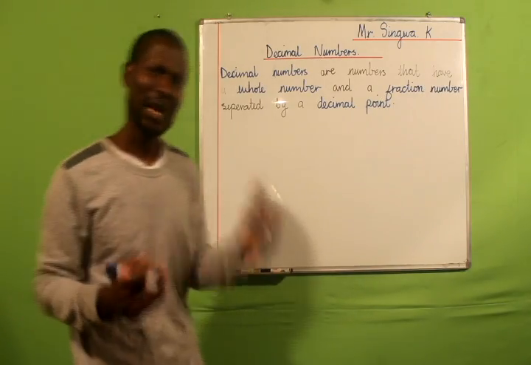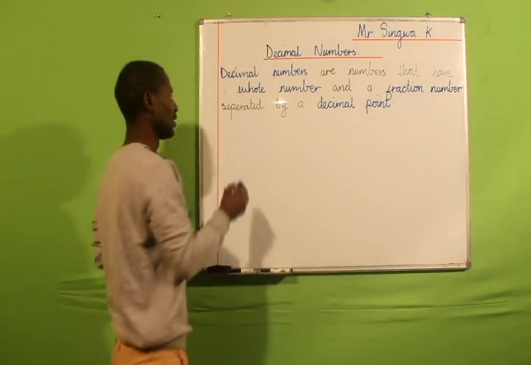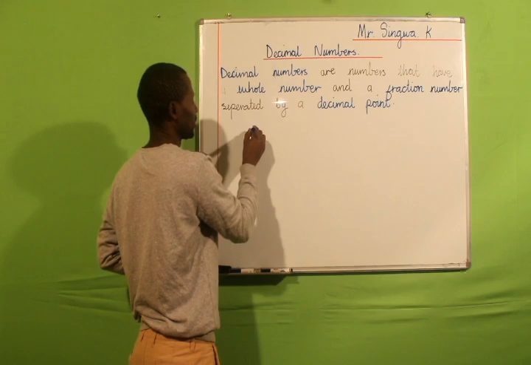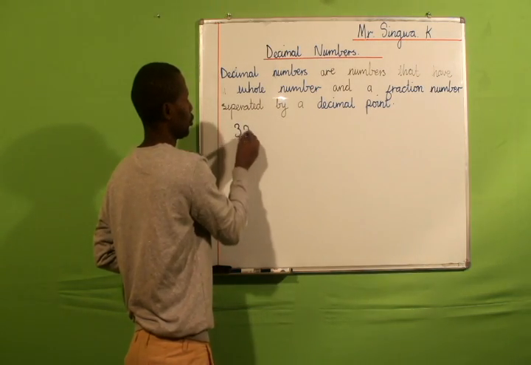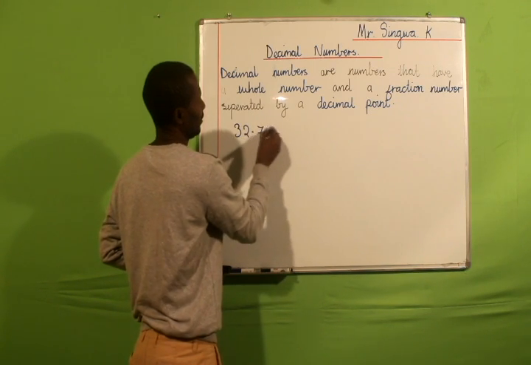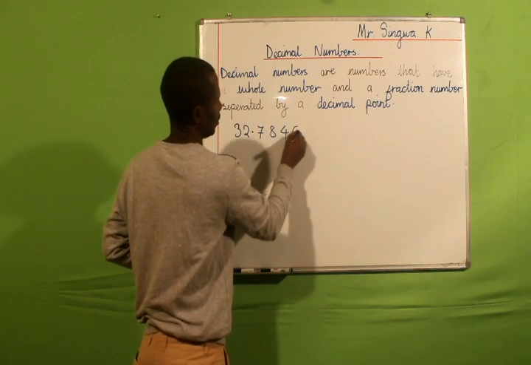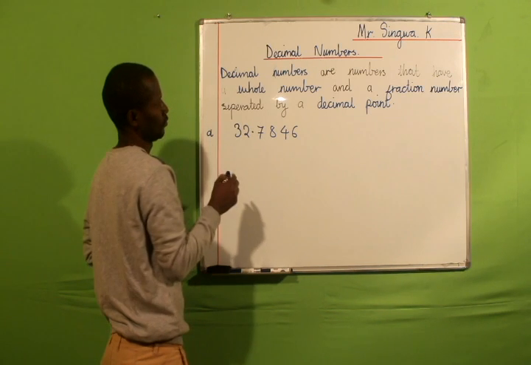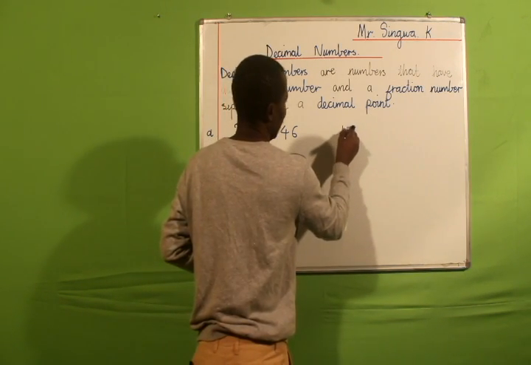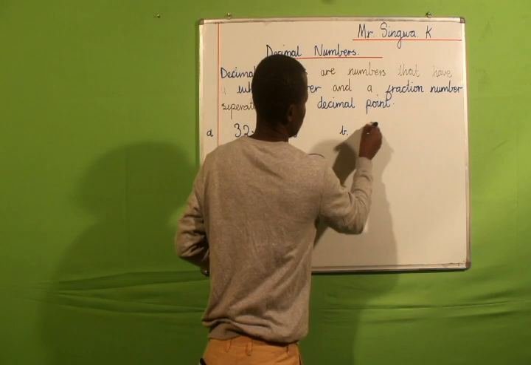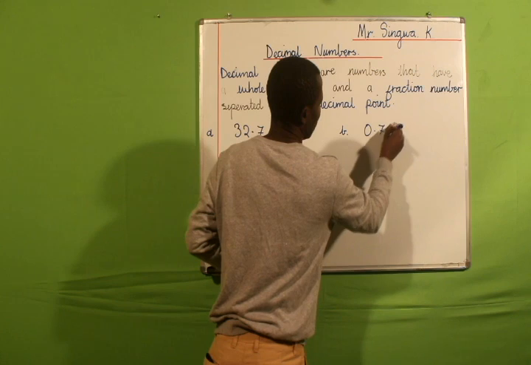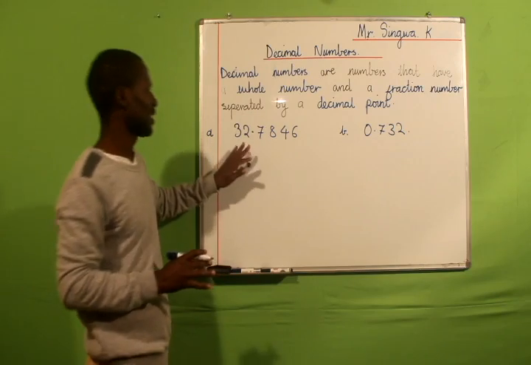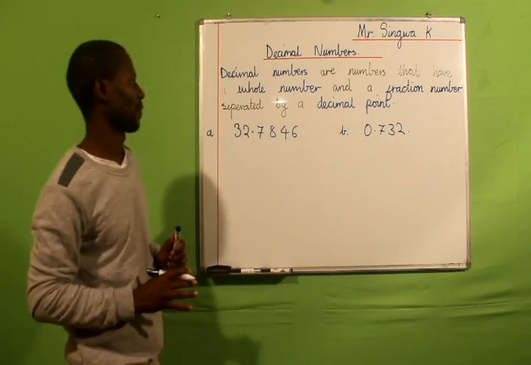Now, how does this number look like? This number looks like this. You may have figures, for example, 32.7846. For example, this is A, and B, 0.732. Now, you may have figures that are looking like this or this.